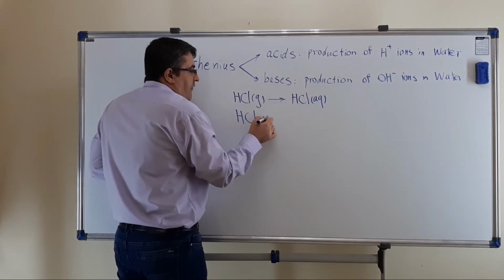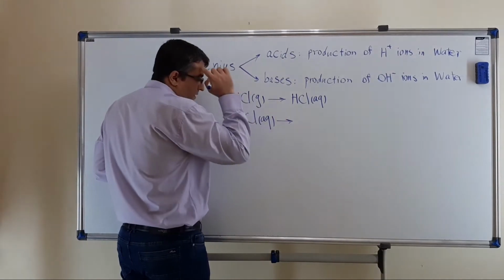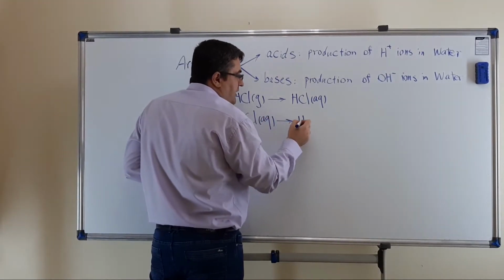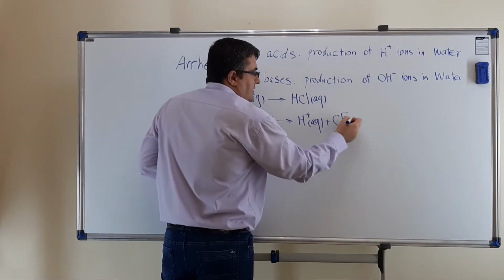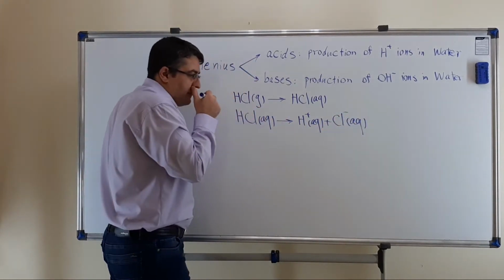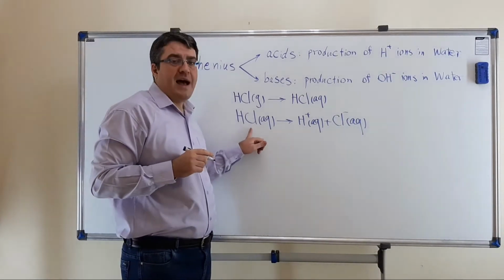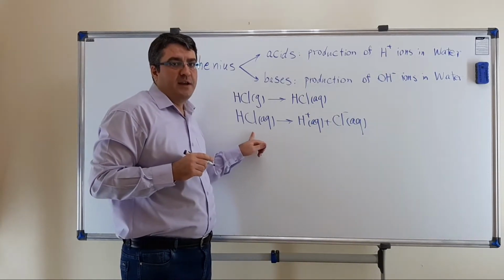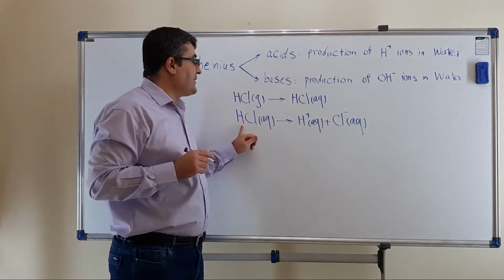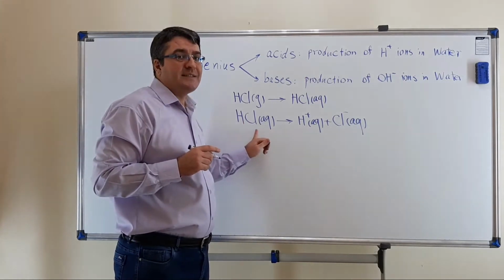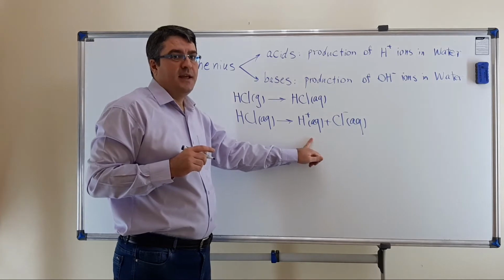Hydrochloric acid in water dissociates into hydrogen and chloride ions. Since hydrochloric acid in water can produce hydrogen ions, we can consider hydrochloric acid as an Arrhenius acid.